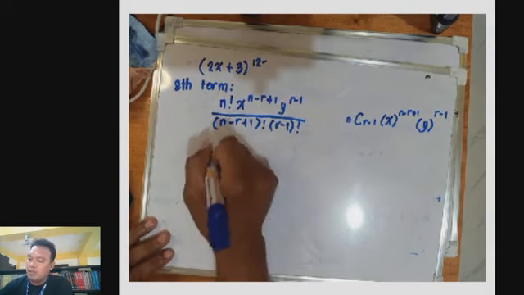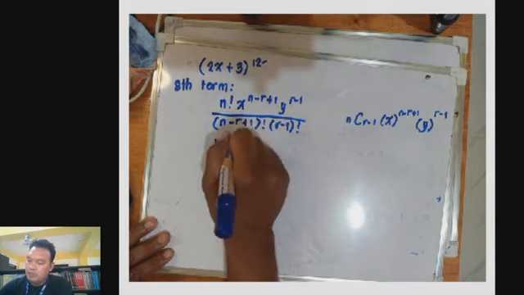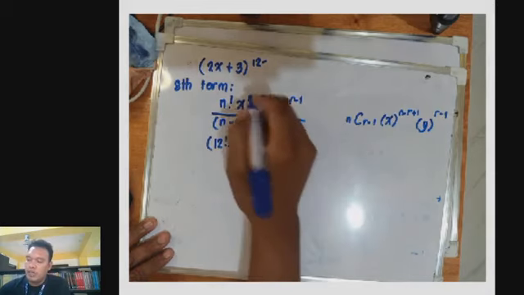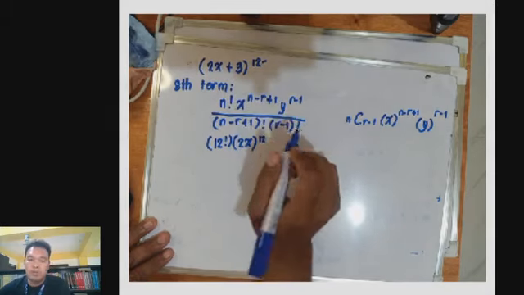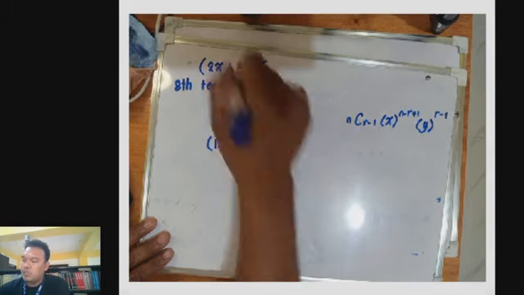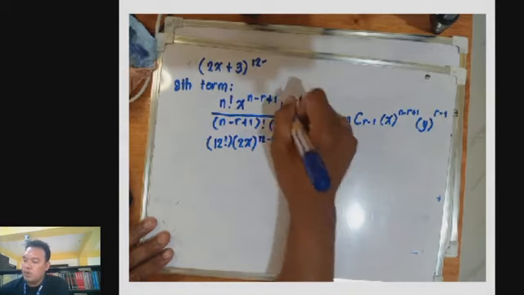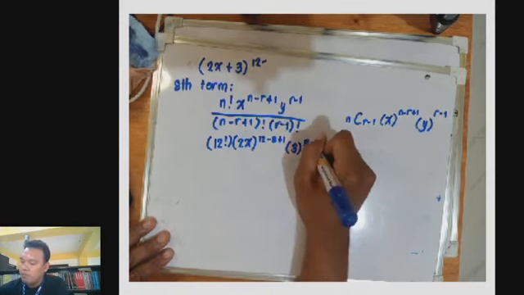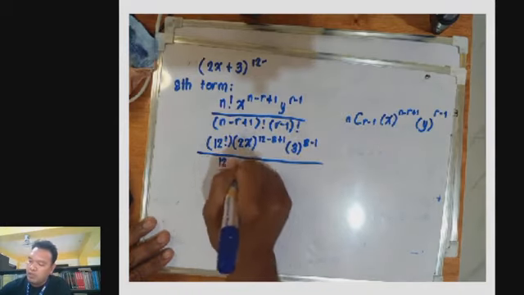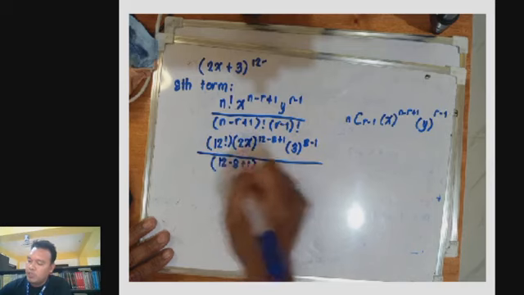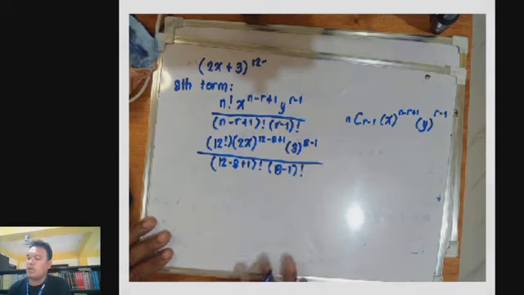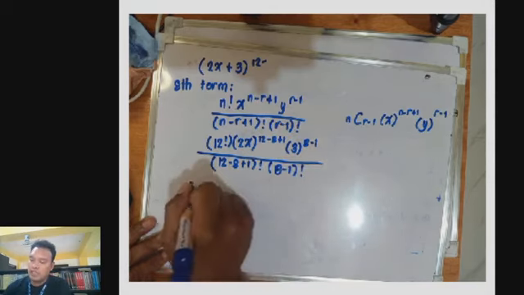So we have n factorial, we have 12 factorial times yung x which is 2x raised to n which is 12, r is yung term which is 8, minus 8 plus 1, y which is itong y natin na yung 3, tapos r which is equivalent kay 8 minus 1 all over, kopyahin nyo lang to at ito nandito, 12 minus 8 plus 1 quantity factorial r, or 8 minus 1 quantity factorial. Then diretso lagay nyo lang sa calculator.